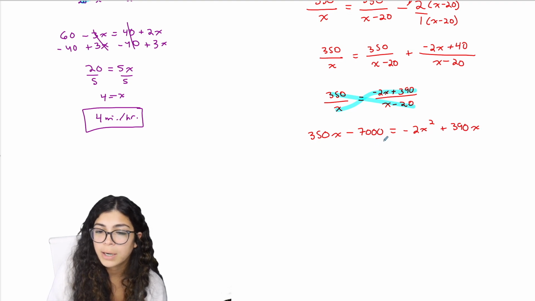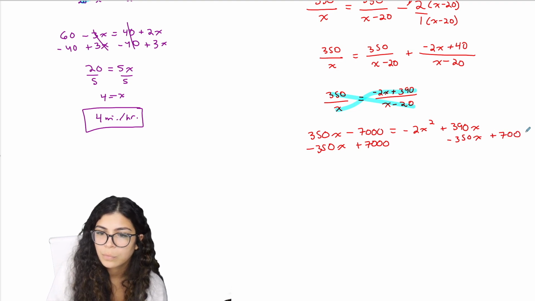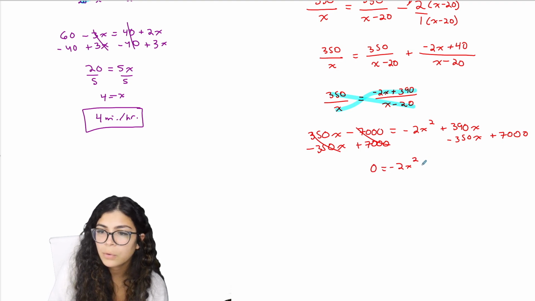And this is a quadratic because our highest power is 2, so I'm going to bring everything to the right-hand side so we can solve this one. So I will subtract 350X and add 7,000. So we end up with 0 equals negative 2X squared plus 40X plus 7,000.